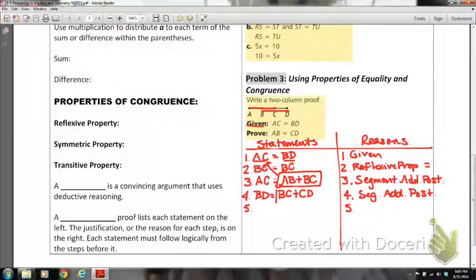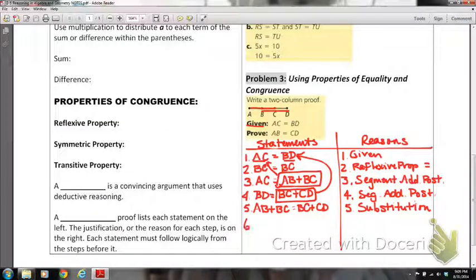And then we'll take the second segment addition postulate that we made, and we're going to substitute that into the right side of statement number 1. And we can make a new statement. We can say AB plus BC is equal to BC plus CD. And that's just the substitution property of equality.